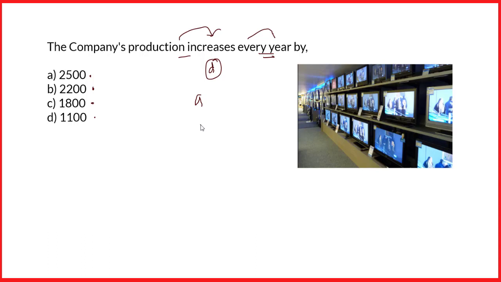There we have calculated the value of A and the value of D, that is the first term and the common difference. The common difference is nothing but the company's production that increases every year, and it was 1,100, and therefore the D option will be the correct option, that is 1,100.